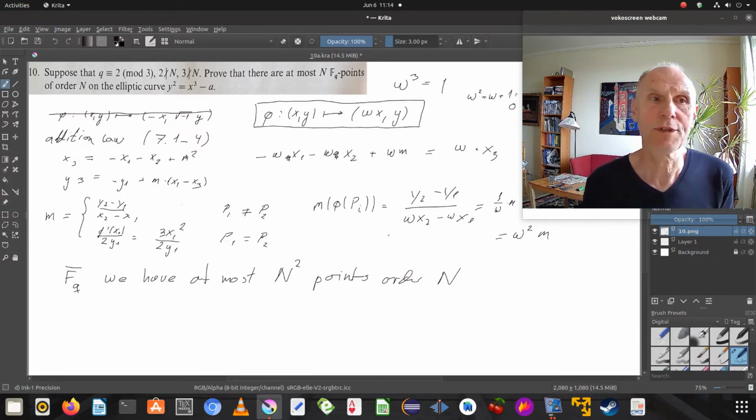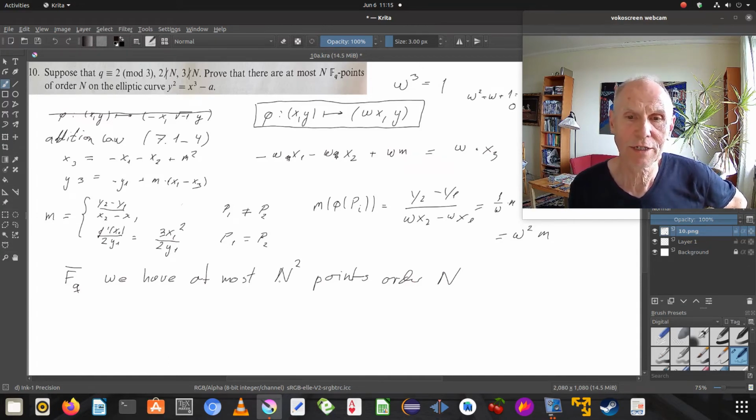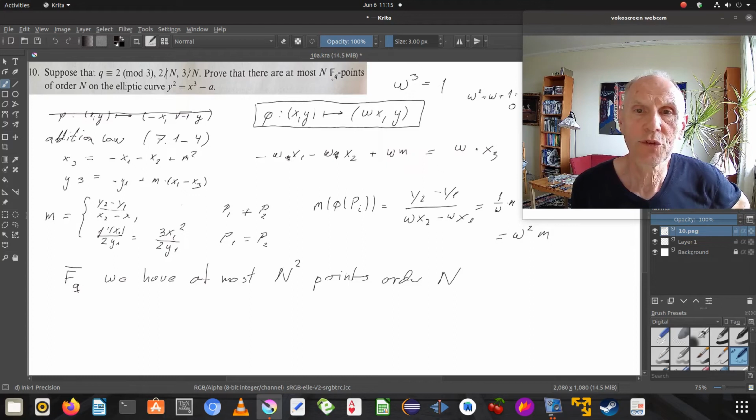And now the same reasoning as I used in problem 9 to show that there cannot be n squared. I need to prove that omega doesn't lie in F_q. That is, F_q has only one cubic root of 1.